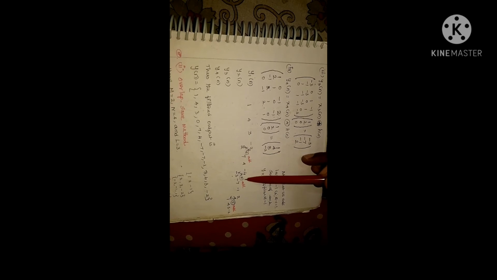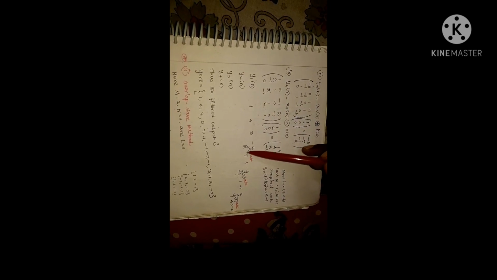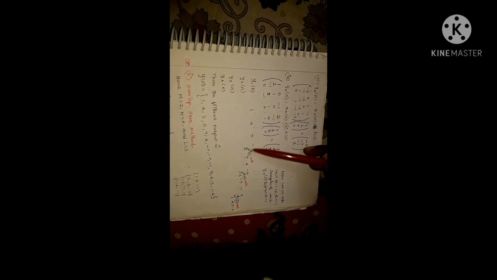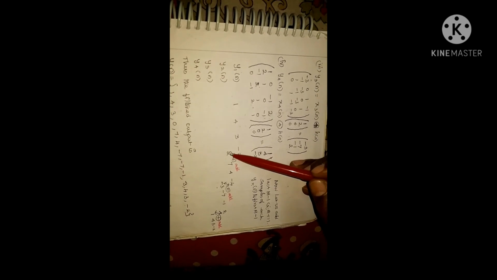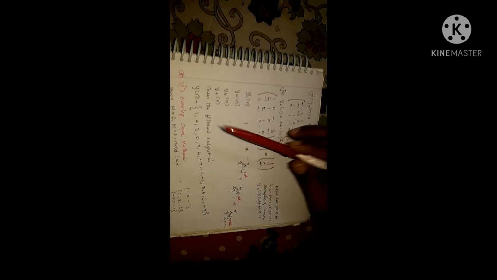Finally we must write the values: y1 of n is 1 4 3 minus 2, then y2 of n written one bit to this side, which makes it very easy to add, otherwise you will get confused. The last bit, because we added m-1, only one zero, you write last so it is easy to add. So y1 of n, y2 of n, y3 of n, y4 of n. The first bits 1 4 3 are written as output.